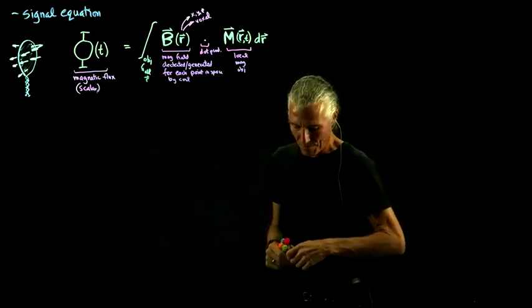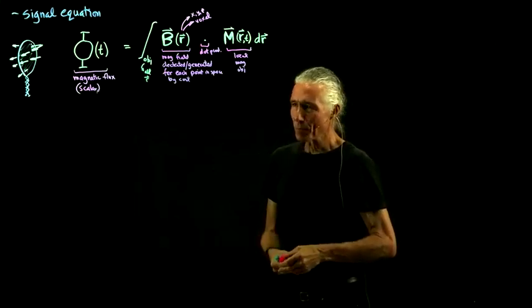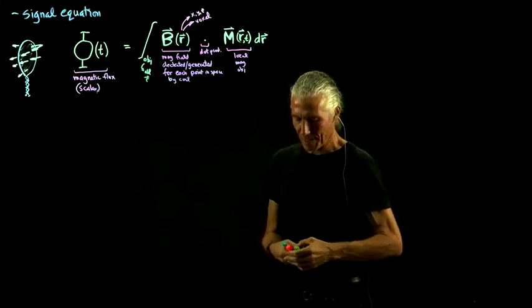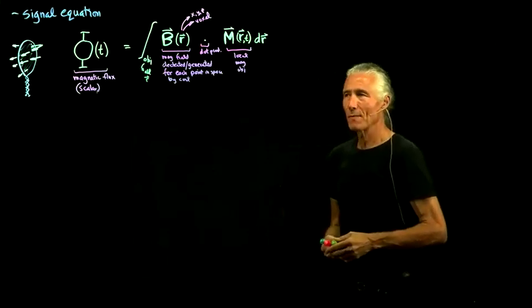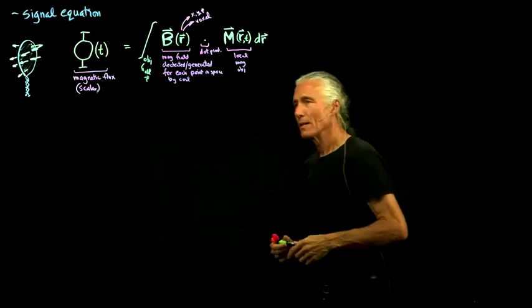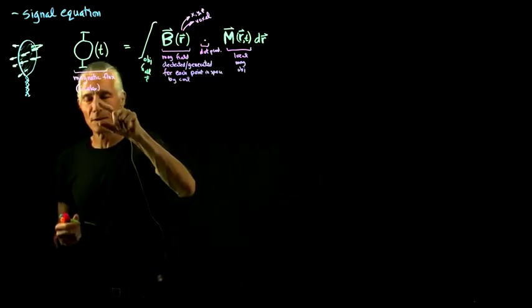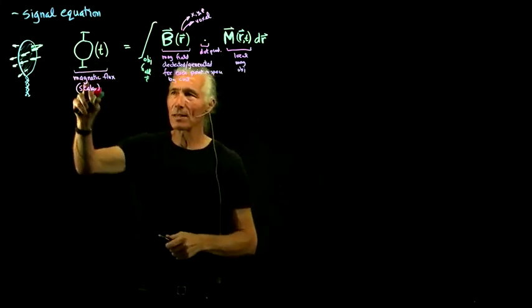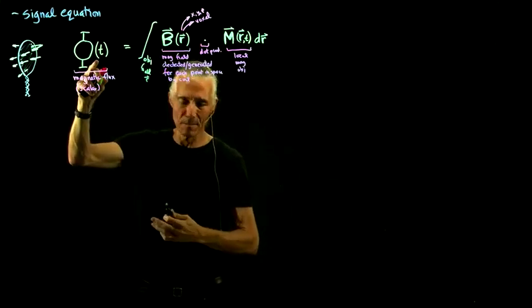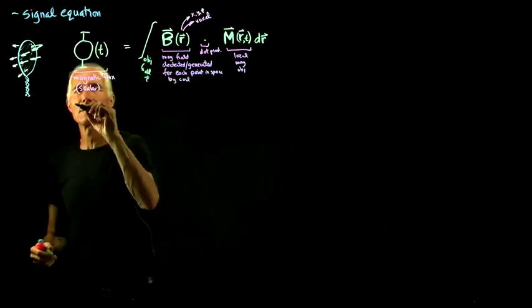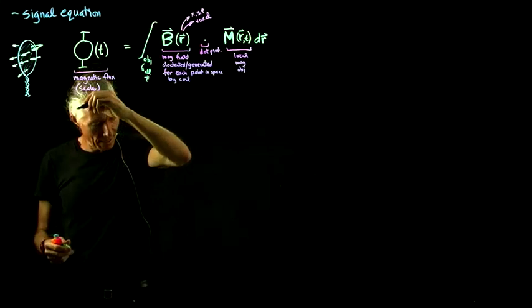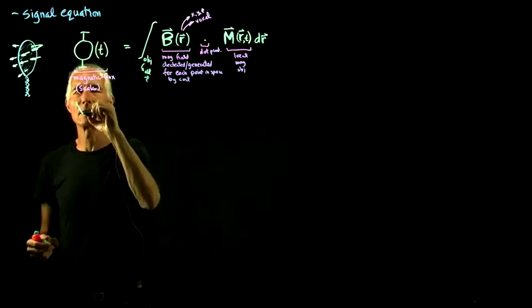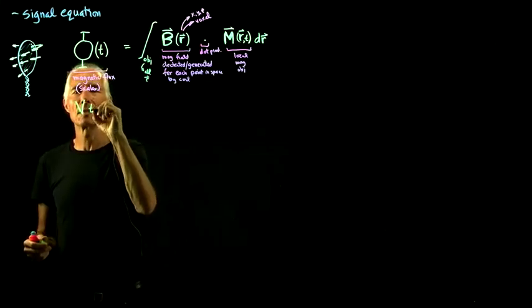Okay, so now we'll put up the second equation, which is the one that we need in order to figure out what our signal in the coil is. So this just tells the magnetic flux in the coil, but you can't directly measure that. And so here's our second main equation.